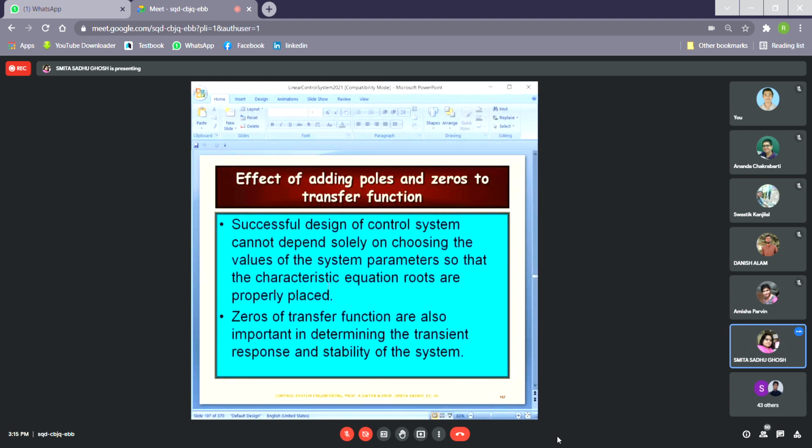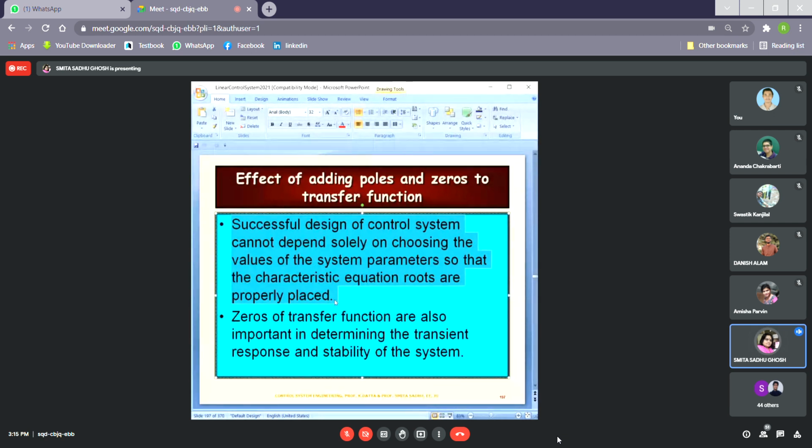So now we are going to study the effect of adding poles and zeros to the transfer function. Successful design of a control system cannot depend solely on choosing the values of the system parameters so that the characteristic equation roots are properly placed.